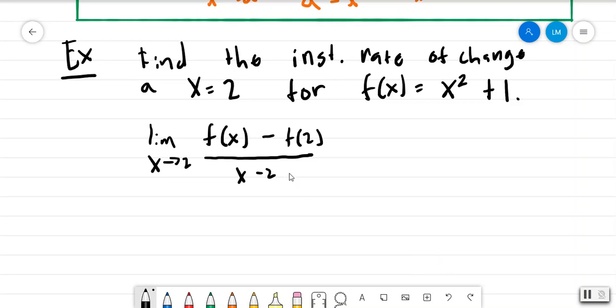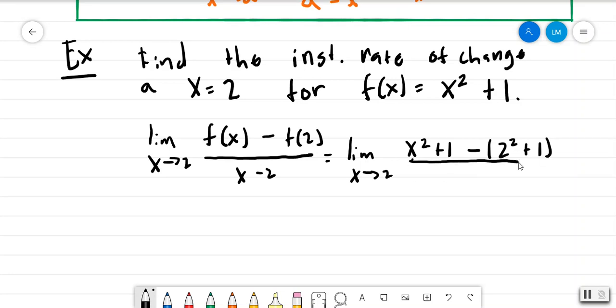So if we substitute into this equation, we have the limit as x approaches 2 of (x squared plus 1 minus f of 2, so that's 2 squared plus 1) all divided by x minus 2.